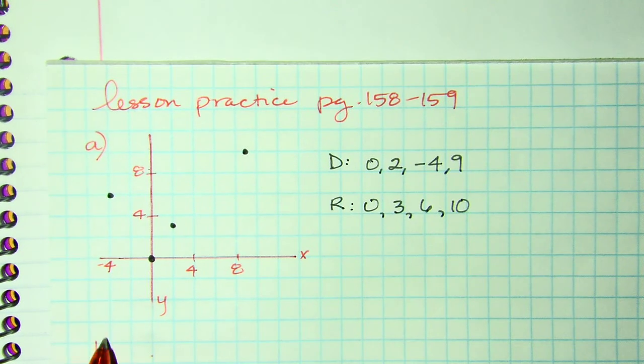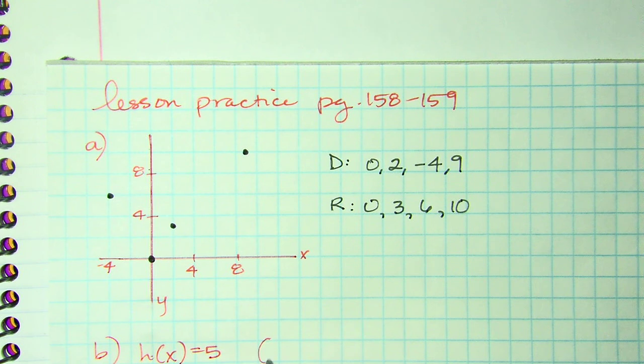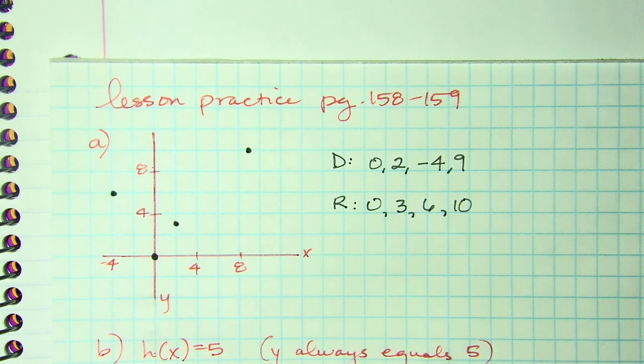Part B, graph and state the domain and range of the continuous function h of x equals 5. So they're saying that y always equals 5. So here's how I would graph that.